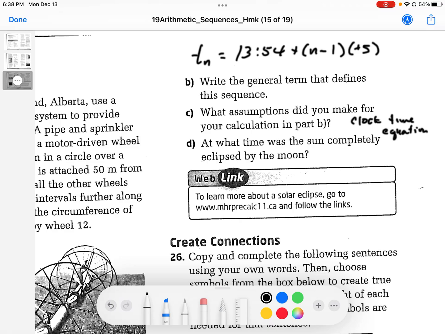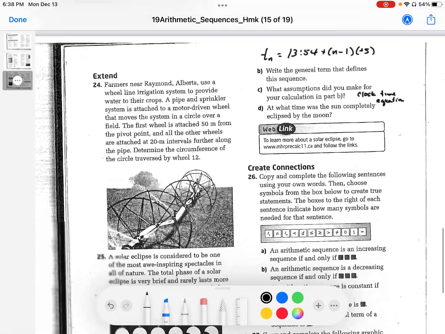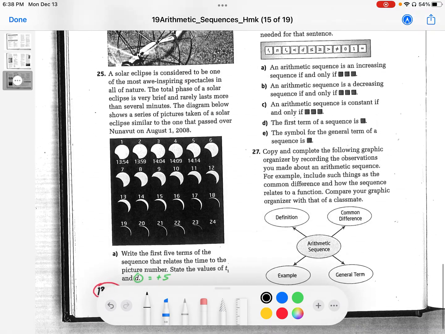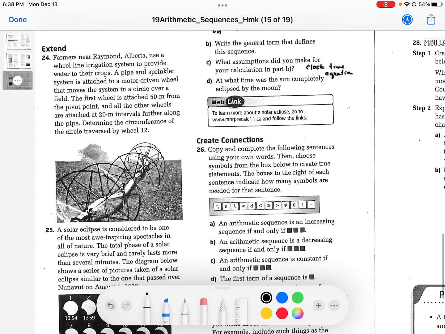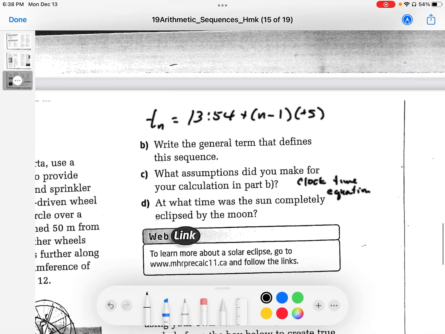And at what time did the sun completely eclipse the moon? It looks like at T24. So T24 is a time. So we want T24.